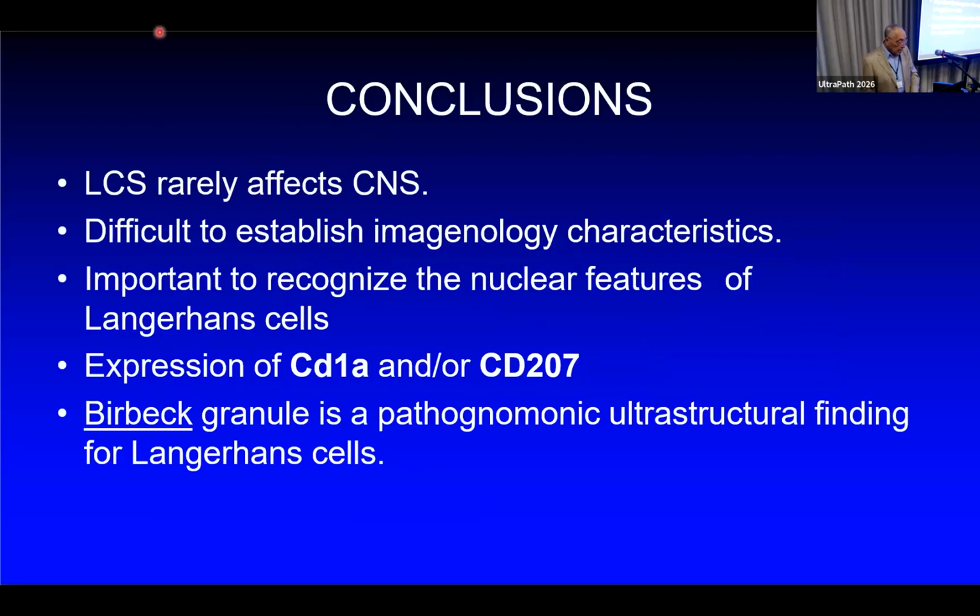Conclusions: Langerhans sarcoma rarely affects the central nervous system, especially the meninges. It's very difficult to establish by imaging studies. It's important to recognize the nuclear features, but they can be lost in Langerhans sarcoma.